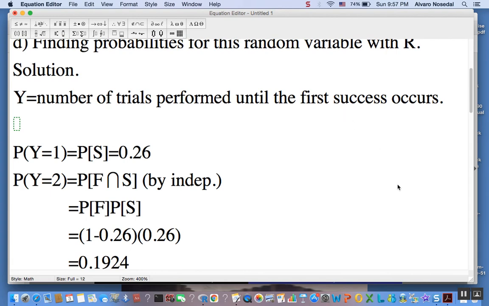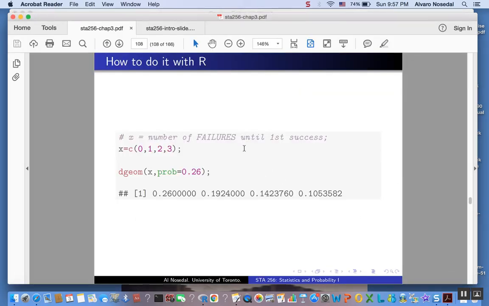Okay? Now, if you're going to be doing things with R, and that's why I used a different letter, X, if you want to do calculations for a geometric distribution using R, the random variable X represents the number of failures until your first success.